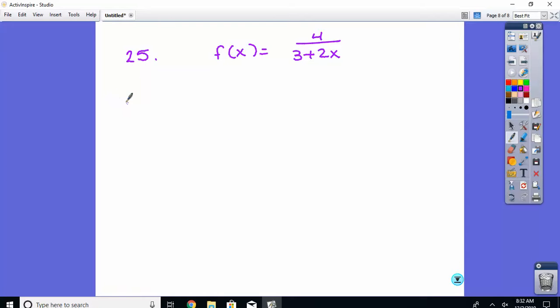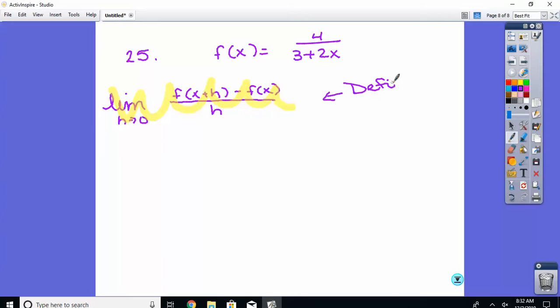So the definition, we had several different forms. The one we preferred was limit as h approaches 0 of f of x plus h, if you did f of a plus h, that's fine, minus f of x, all over h. You need to know this. That is the definition of a derivative.